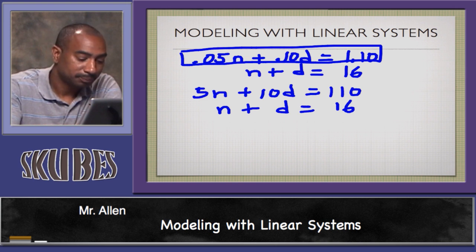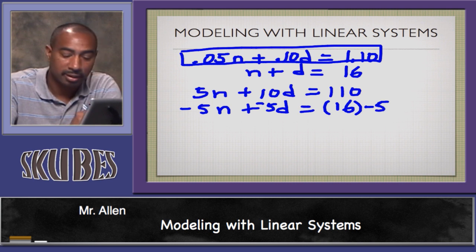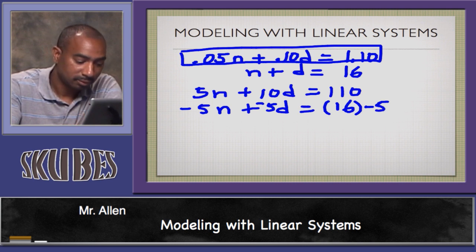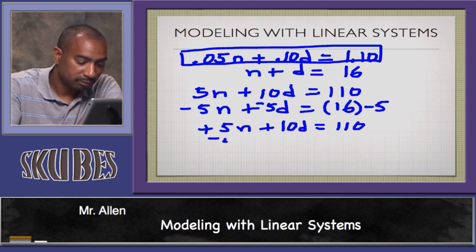So if I did that, I would get -5n, -5d, and if I multiply this by -5, I'm going to wind up with -80.